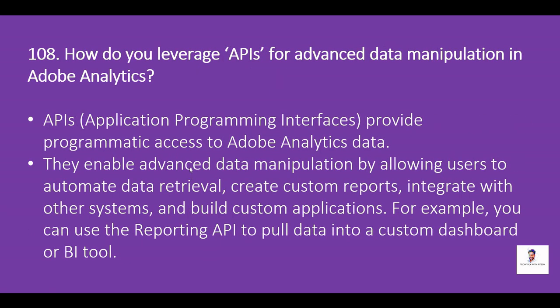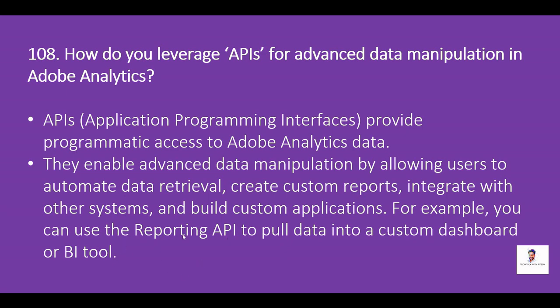How do we leverage APIs for advanced data manipulation in Adobe Analytics? APIs provide programmatic access to Adobe Analytics data. They enable advanced data manipulation by allowing users to automate data retrieval, create custom reports, integrate with other systems, and build custom applications.